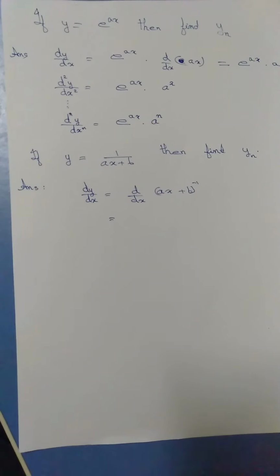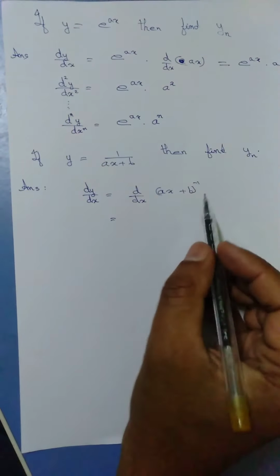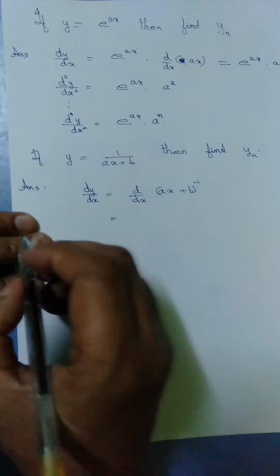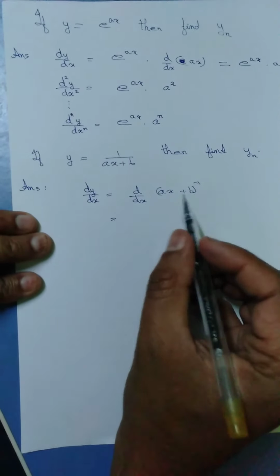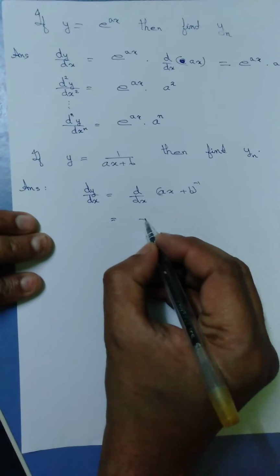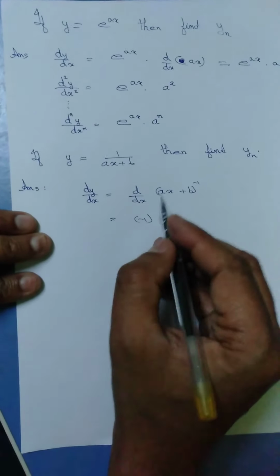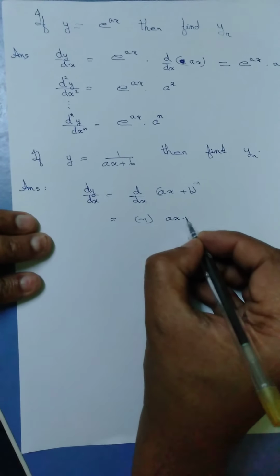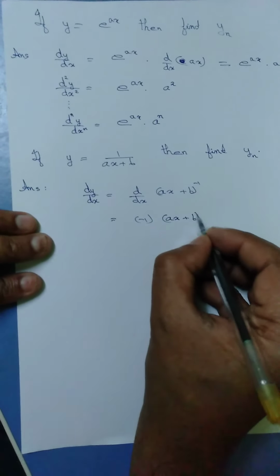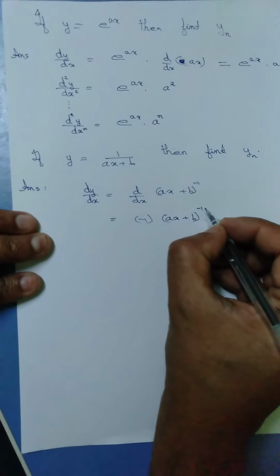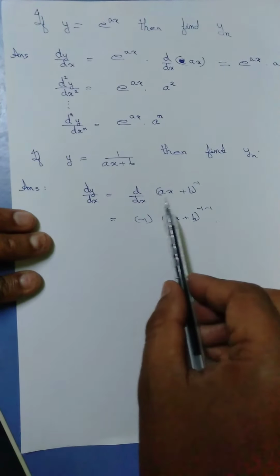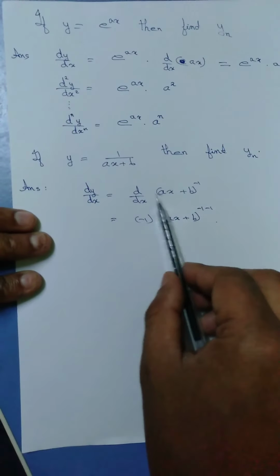And that's equal to, the formula is n x to the power n minus 1. So your n is minus 1 here, x is your ax plus b, to the power minus 1 minus 1. But again, we need to differentiate ax plus b as well.